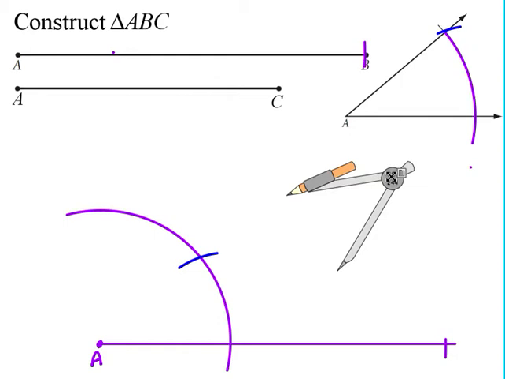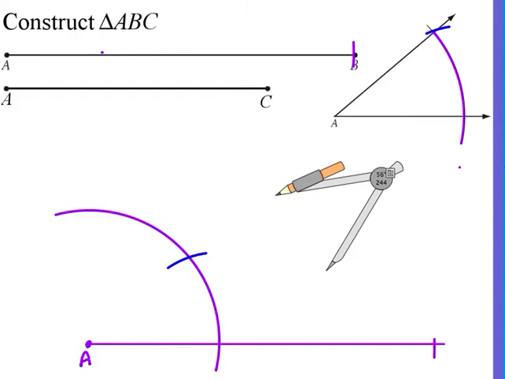So now let's draw that line through. So I know that that's angle A.